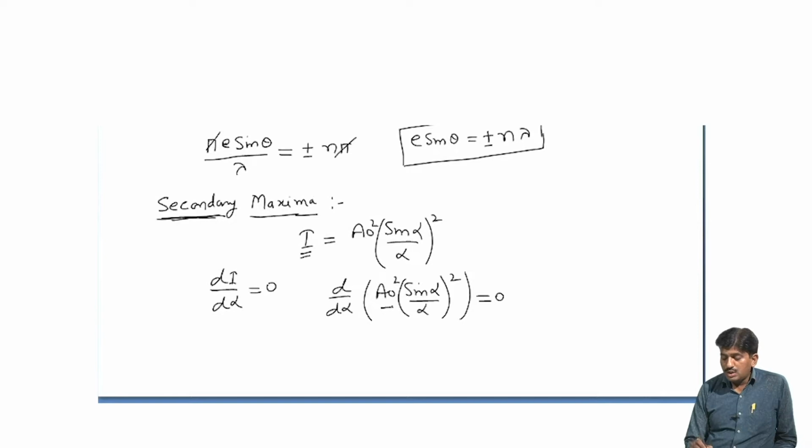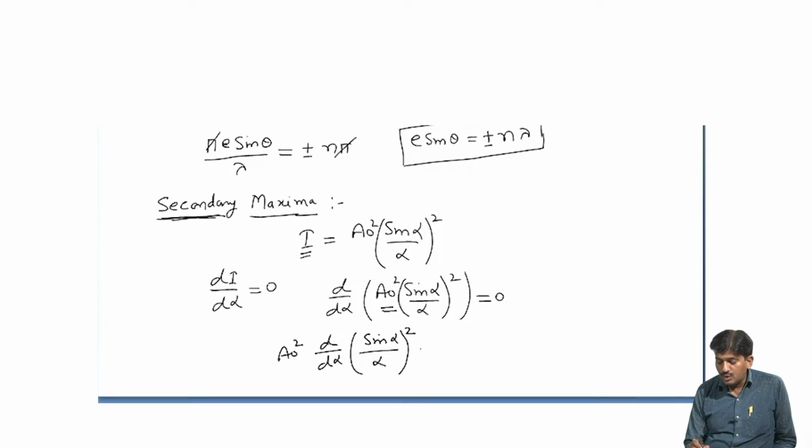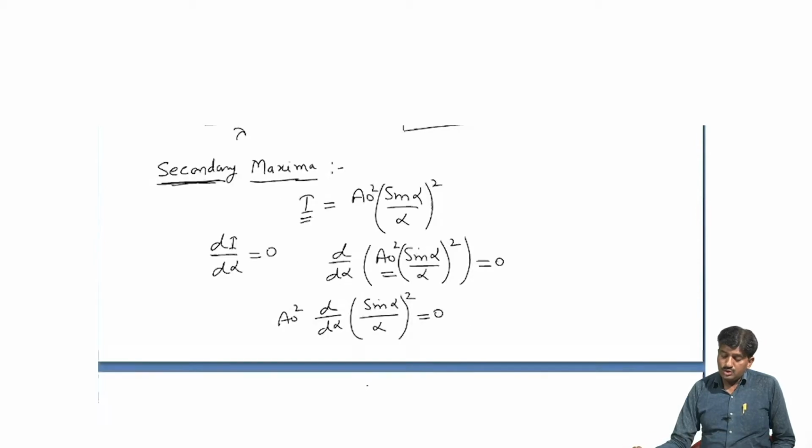Here A naught square is constant, and we need d upon d alpha of sin alpha upon alpha whole square equal to 0.